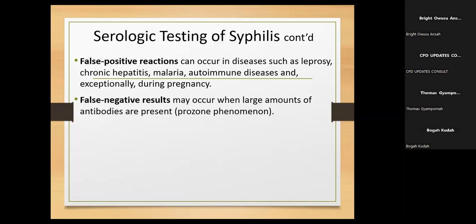Right. So if you are using the neat sample and there are too many antibodies in it, the reaction will show negative. And the explanation to that is the prozone phenomenon or prozone effect. In prozone effect, too many antibodies chasing fewer antigens will result in a negative reaction. That is a simple way of explaining prozone effect. The way to correct prozone effect is through dilution.